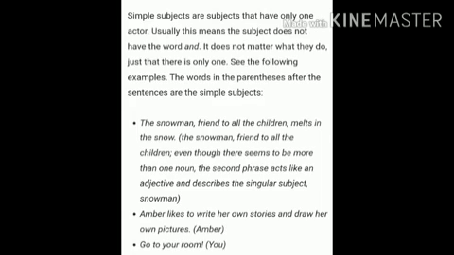Usually this means the subject does not have the word and, and it does not matter what they do, just that there is only one. See the following examples so you can understand. The words in the parentheses after the sentence are the simple subjects. You can see and understand the examples given here.